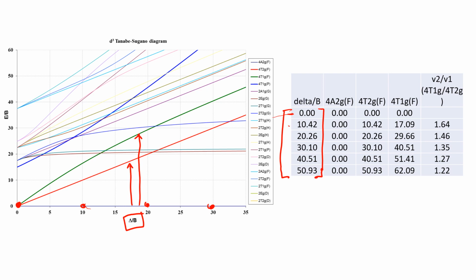If we look at the value, for example, at 10, the way we read this is the energy over B, with units over here, is 0 all the way across because that's our ground state. The quartet A2g, remember, is our ground state. The quartet T2g is our first excited state in red, and its value at 10.42 is 10.42. So if we read up here and read across, y equals x for that particular line.